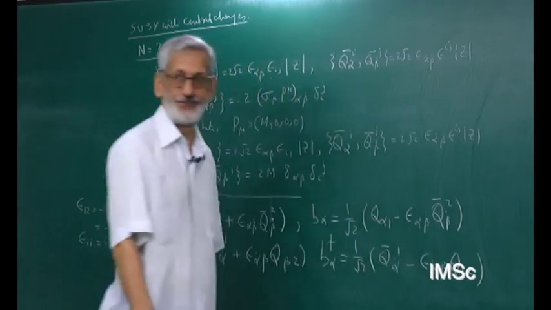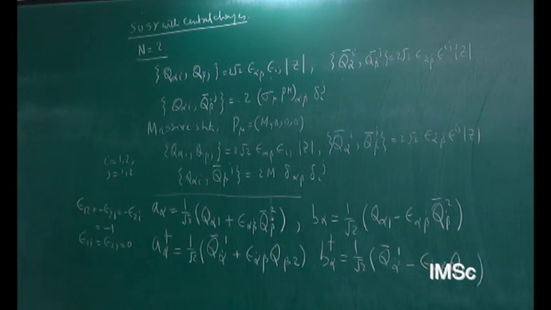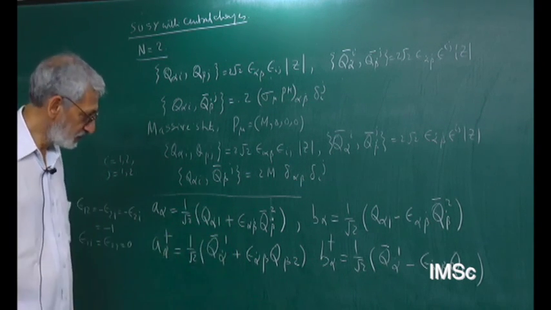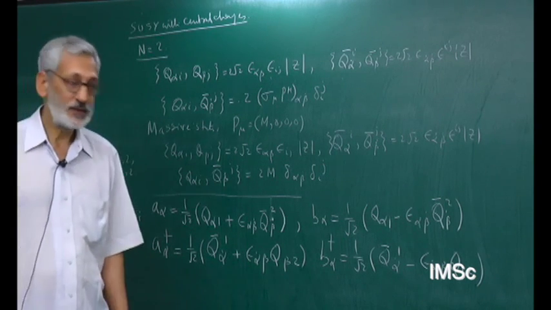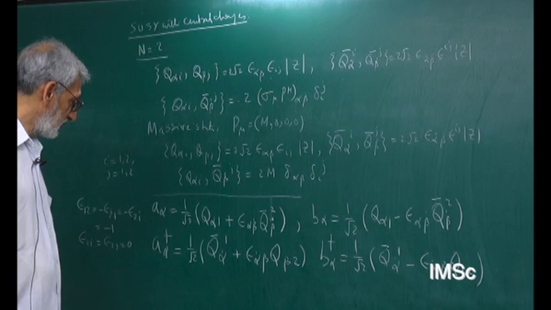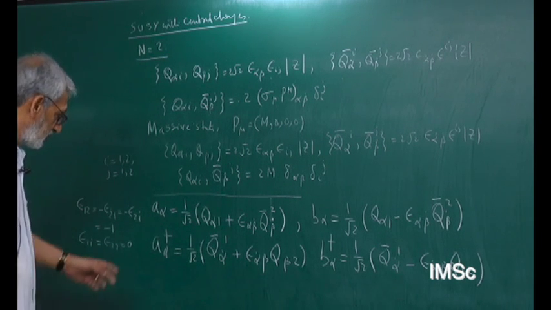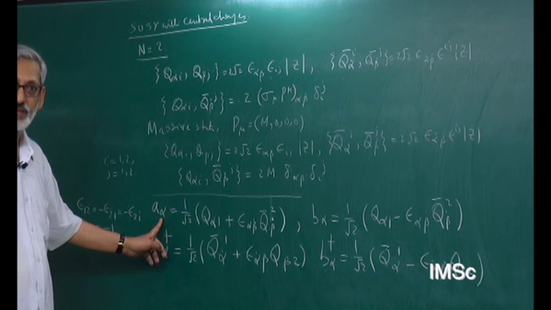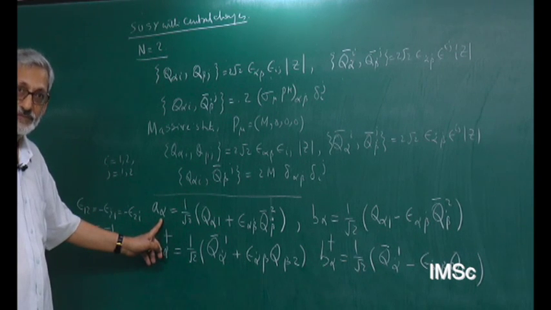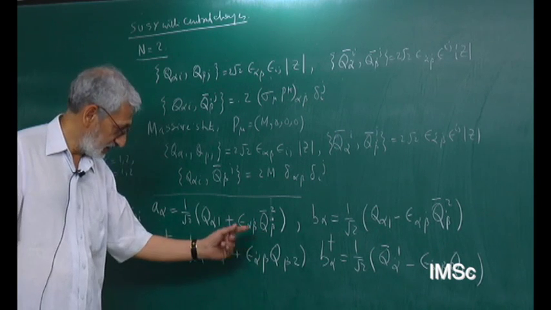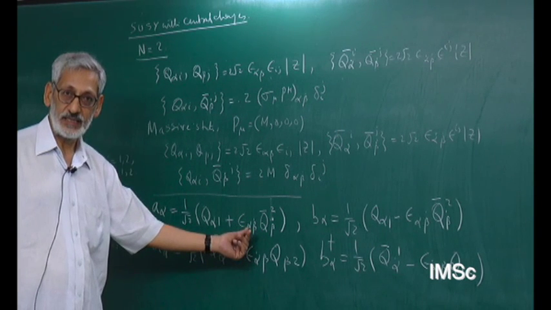It's the same combination with the sign changed, plus changed to minus. A alpha transforms as (half, 0). I mean, this has been conjugated, so because of this, this will transform like the conjugate.